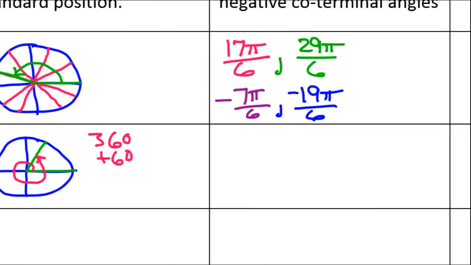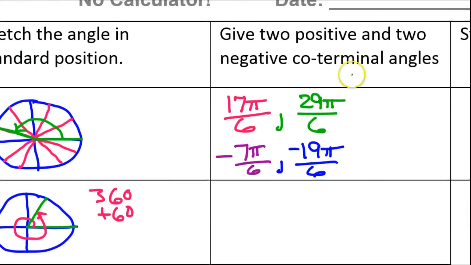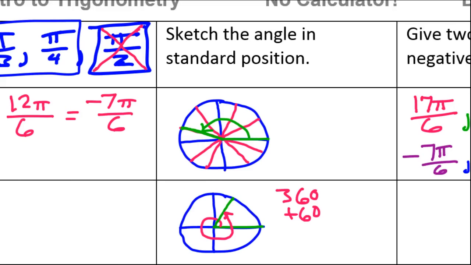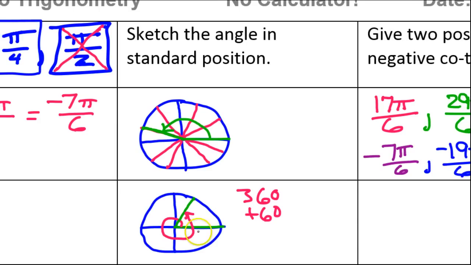Now, let's talk about positive and negative coterminal angles. Well, I sort of just found one positive coterminal angle, a smaller one, which is also going to be the reference angle. So I just found that if I go 60 degrees, just the short way, not all the way around and then 60 degrees, that's going to land me on the same spot.